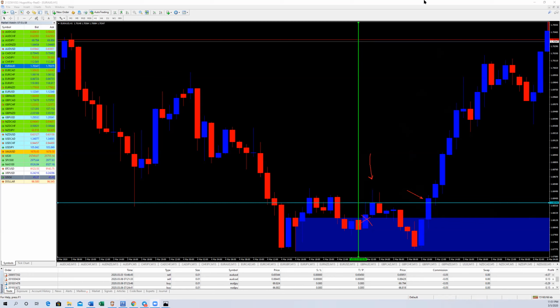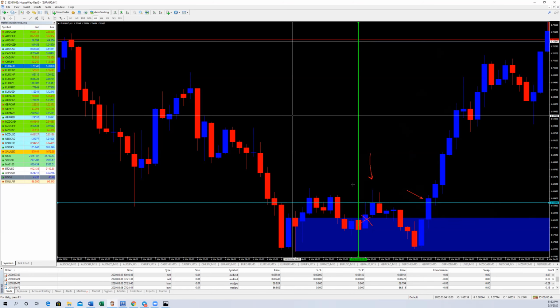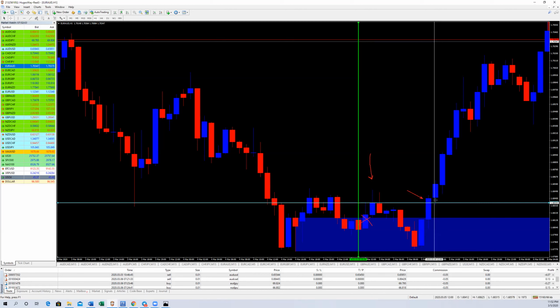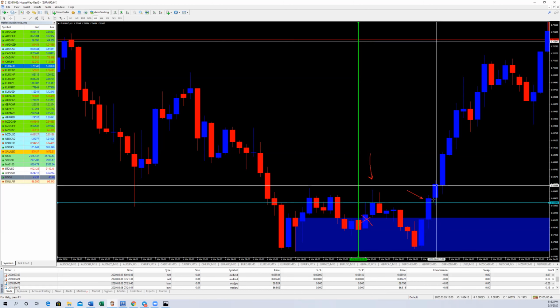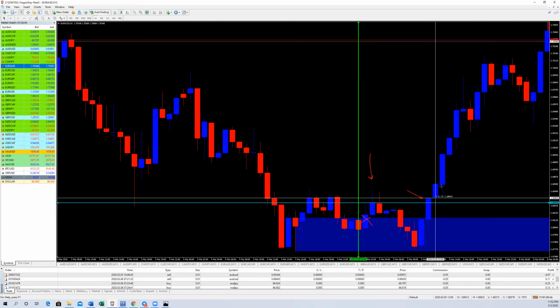If you would have waited for that to happen and you would have entered on the next candle, okay, you would have picked up over 208 pips in a 15-hour time span. If you would have had your trailing stop on, you would have still picked up 110 pips just by being patient versus getting in the trade too soon and losing 51 pips.